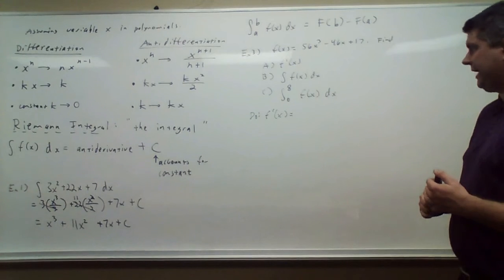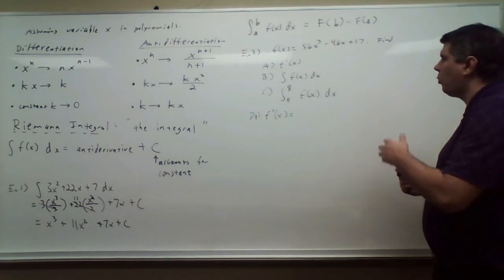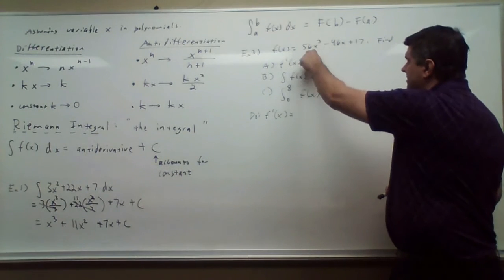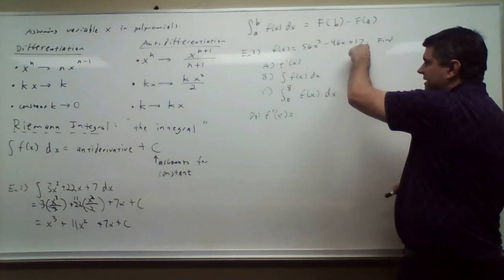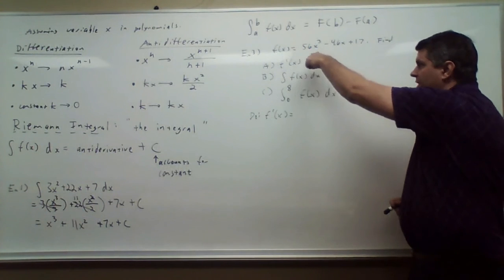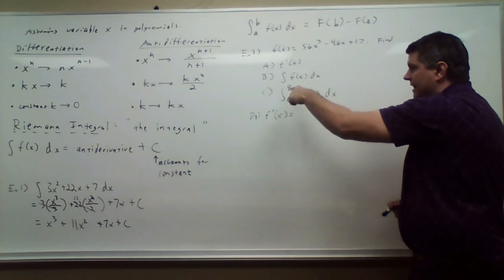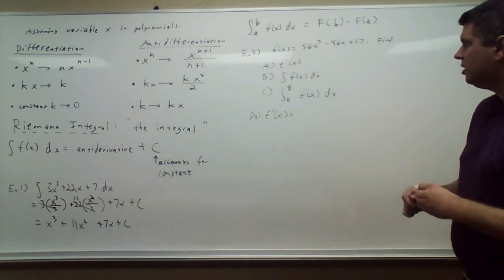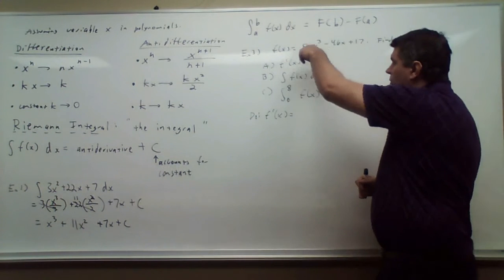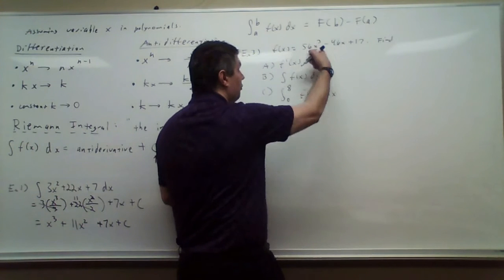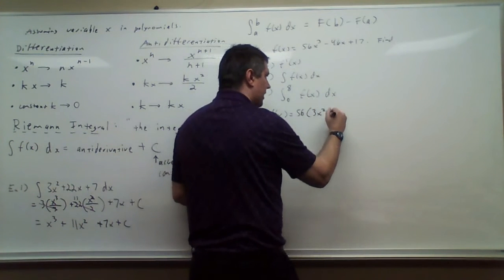Okay, example 3. We're going to take f of x equals 56x cubed minus 46x plus 17, and we're going to find these 3 things: the derivative, the indefinite integral, and the definite integral as x goes from 0 to 8. With the derivative, we will follow the same rules that we did before. So that's going to be 56 times 3x squared.